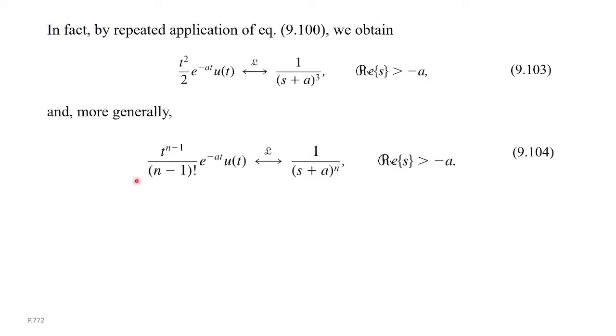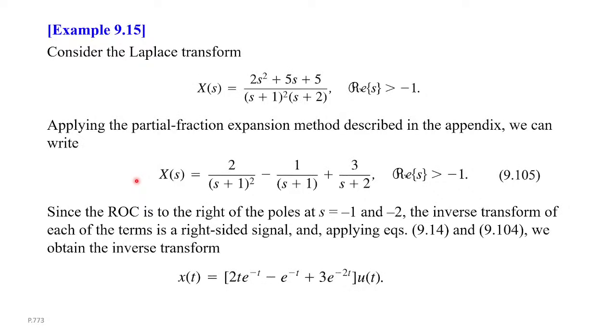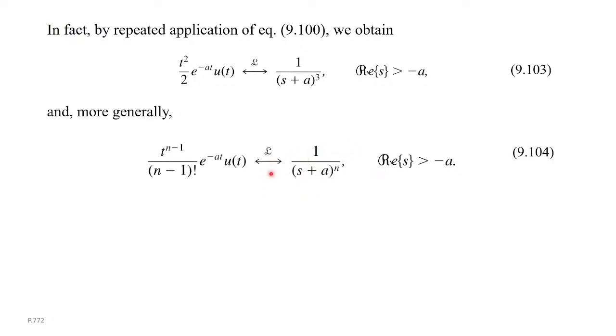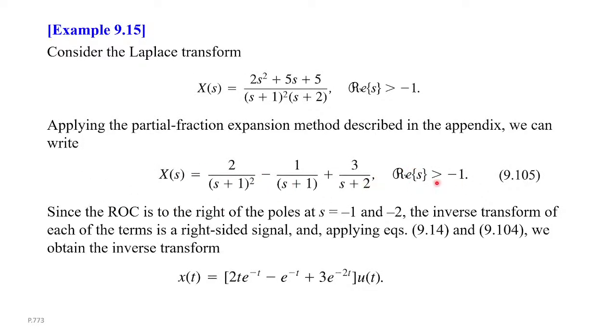Here we are in a lucky region, because we haven't talked about what happens when the ROC is on the other side. But we are in a region we know. We have the ROC on the right side of everything, the -2 and the -1 poles. So we are inverting all 3 of them to right-sided functions, each an exponential decay times u(t).